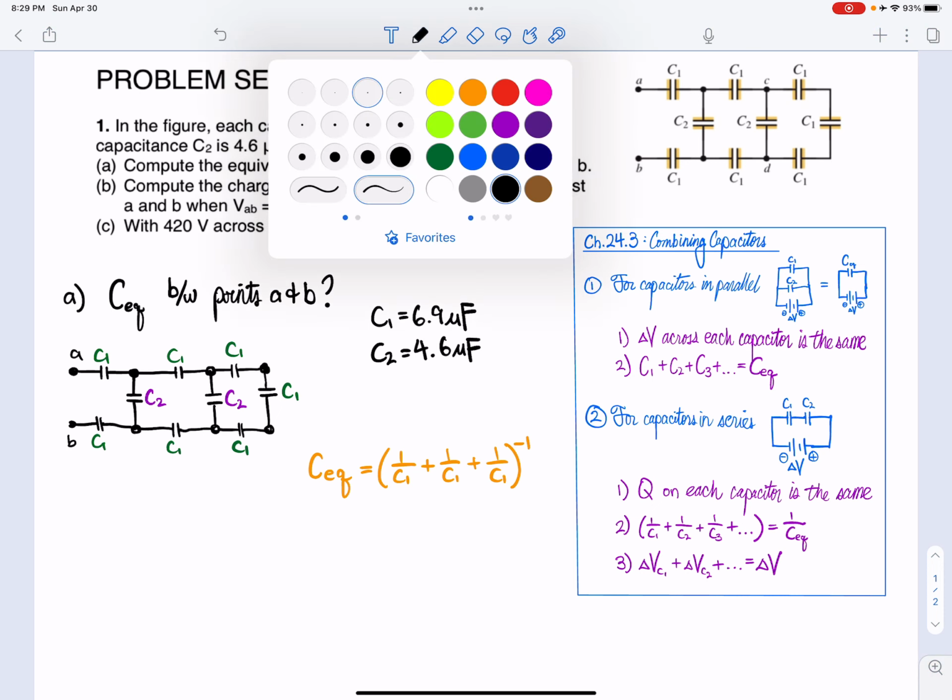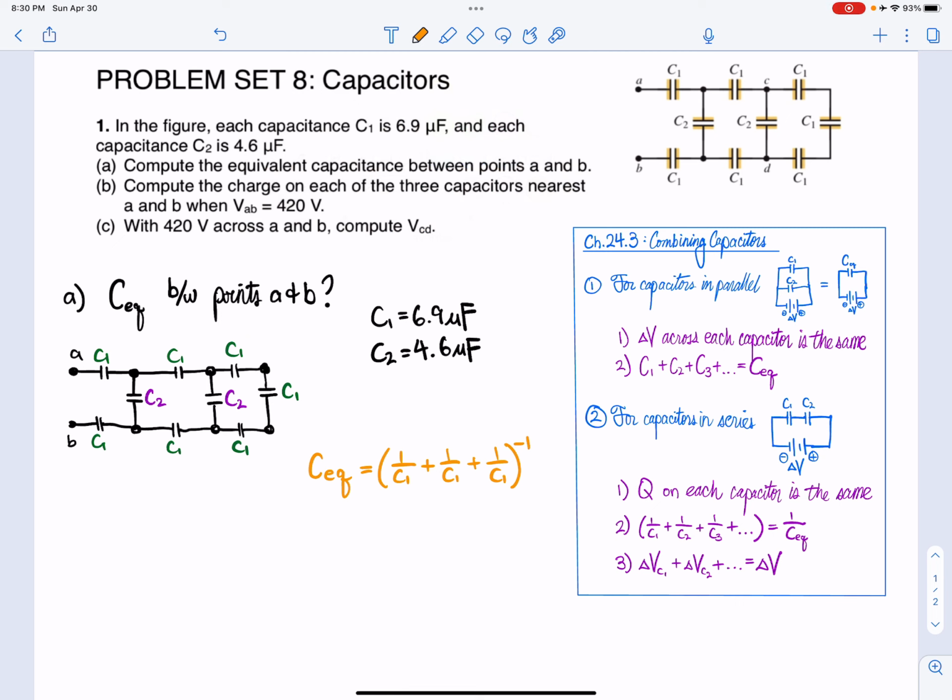That's going to be equal to 3 over C1, to the negative 1, which is equal to 3 over 6.9 times 10 to the negative 6 farads, to the negative 1.